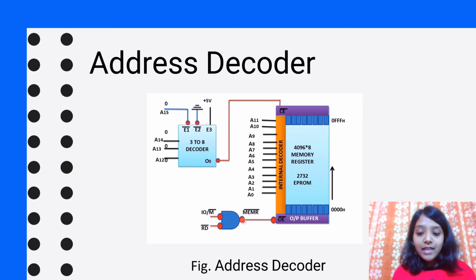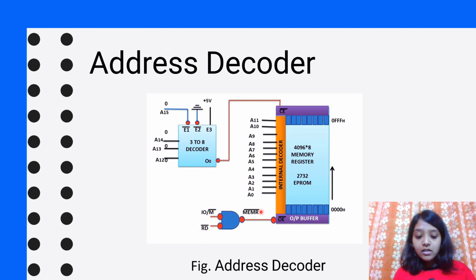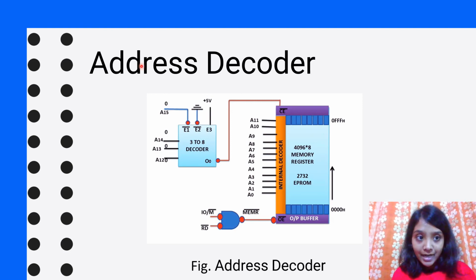The memory read MEMR bar is performed when both IO/M bar and RD bar are low. The output is enabled and hence the output buffer starts working, and the data that is fetched from the address bus is passed to the output buffer and then the data is read.